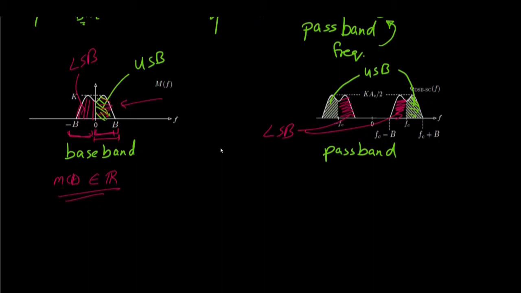But after modulation, the bandwidth has increased to 2B, and within that we have redundant information. Whatever is over here is being repeated over here. So we are wasting some bandwidth, and hence it is not very efficient, but it is a very simple technique nevertheless.